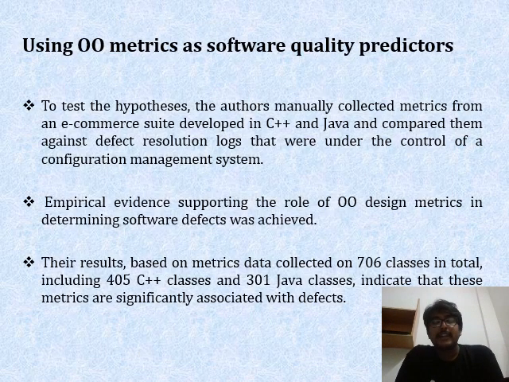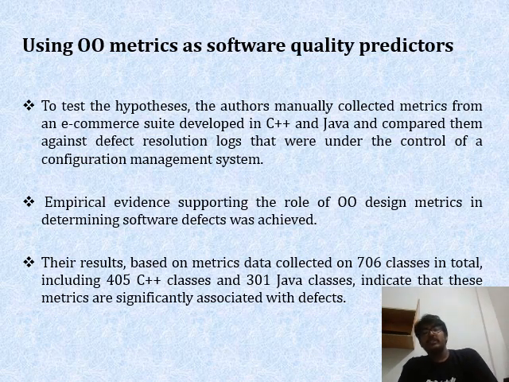And using WO metric as software quality predictor. We know that WO metric is the first metric used in the anti-patterns, which is used to solve the bad coding in the WSDL documentation.